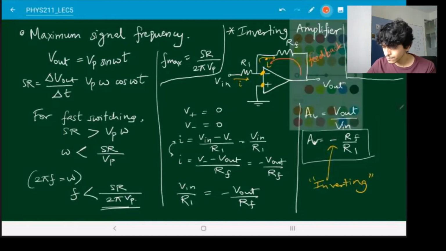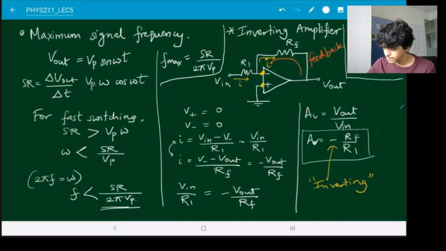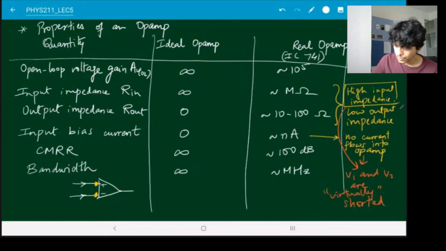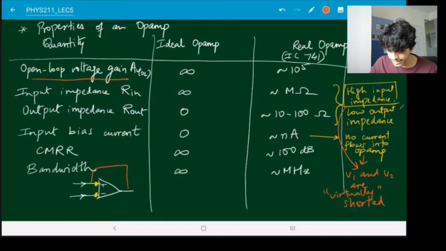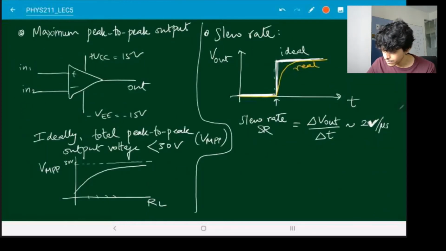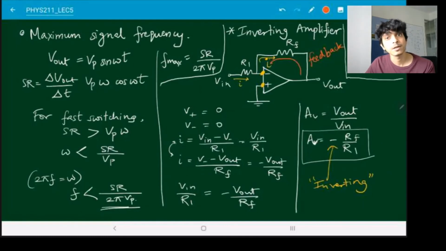Now we are ready to understand, if we go back, why this is called the open loop voltage gain. Over there was no loop connecting your output back to any of the inputs. This was not there. That's why this is open loop. On the other hand, what we have seen over here is a closed loop.